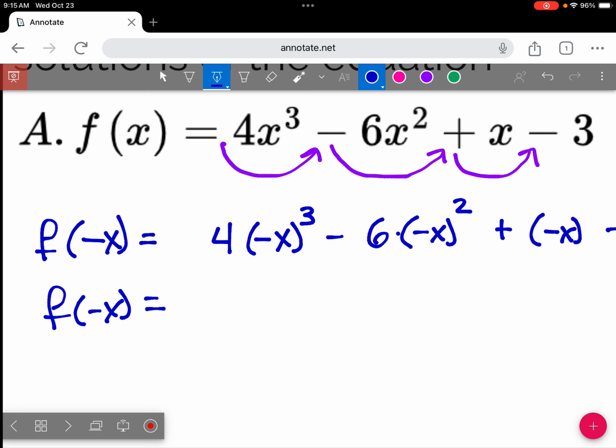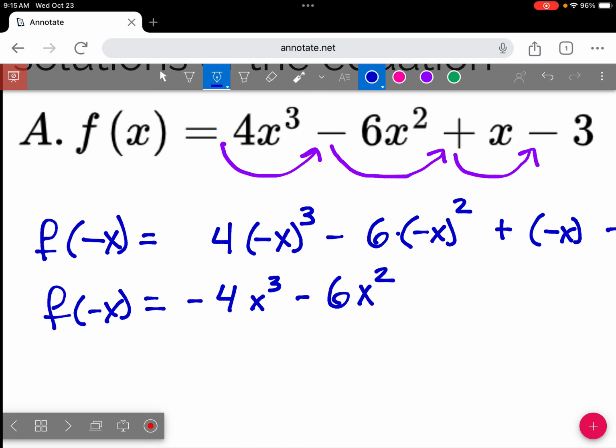So, yeah, on our cube, odd degreed pieces, our negatives hang around. So negative x cubed is the same thing as negative 4 x cubed. On our even degreed pieces, the negative inside our exponent cancels out, because negative x times negative x, that's positive x squared. So this sign's going to stay the same, minus 6 x squared.